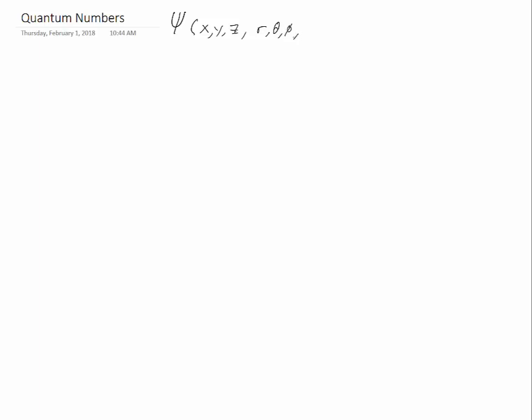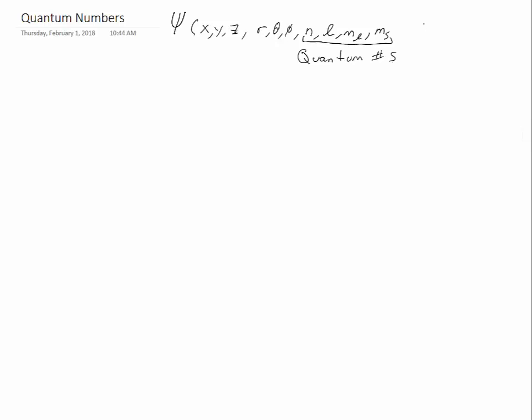But they definitely include the variables n, l, m sub l, and m sub s, no matter what coordinate system is being used. And these n, l, m sub l, and m sub s are the variables in the quantum wave function known as quantum numbers.